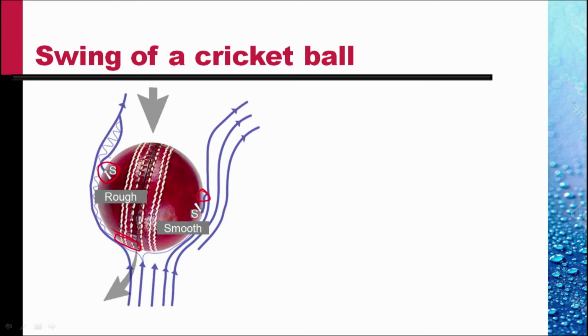This results in an asymmetric flow with lower pressures on the left side and higher pressures on the right side, and because of this, the ball curves towards the leg stump. This is an in-swing ball.